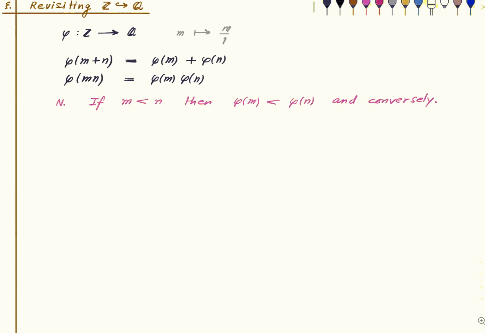And lastly, let us talk about the embedding of Z in Q, meaning the identification of Z in Q. So we saw that one can identify Z sitting inside Q via this map, which takes an integer m to this rational number. We saw these two properties hold, meaning the map phi respects the addition and multiplication.